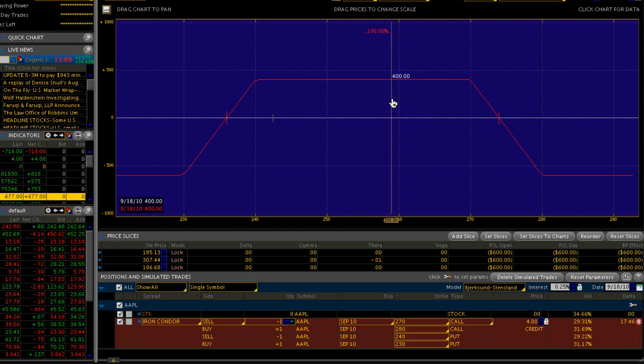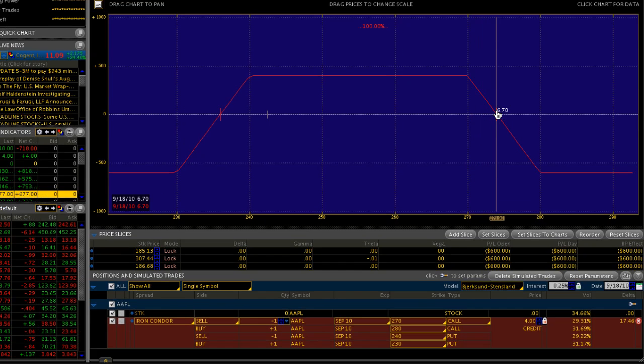Now as we move higher than 270, you can see our profit starts to decrease until we hit that upper break-even price. So if Apple is at 274 on expiration day, we make and lose nothing on this trade aside from commissions. And above 274 we start to lose money until at 280 and above 280 we max out our loss at $600.